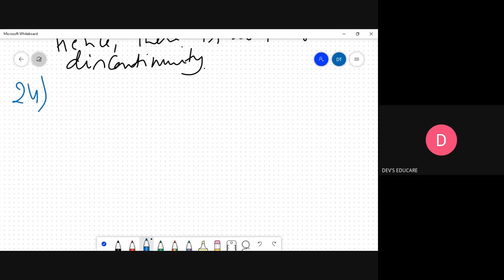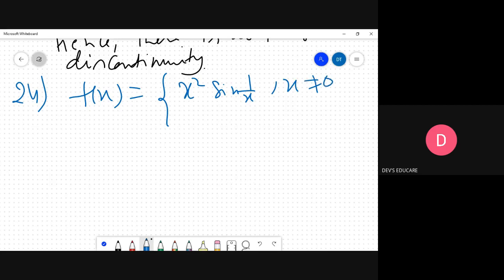24. So f(x) equals x square sine 1 over x, x does not equal 0, and 0 if x equals 0.